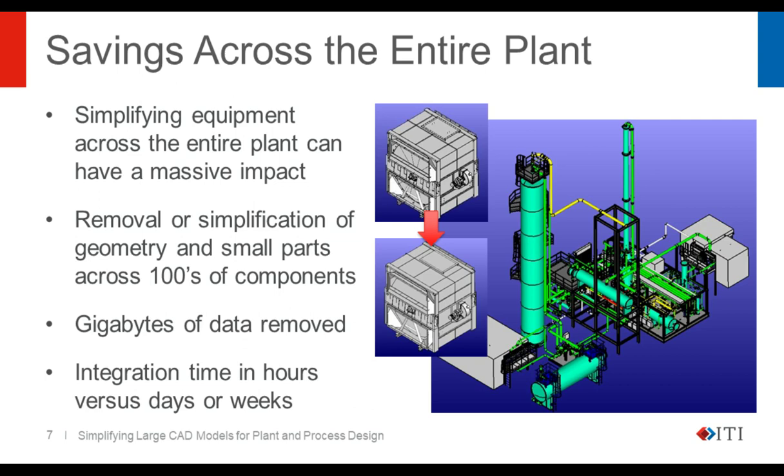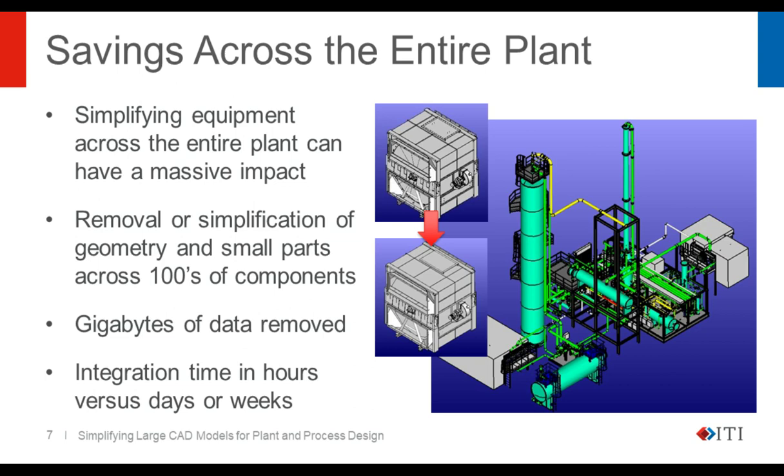Now, if we extrapolate that kind of simplification on one equipment assembly across the entire plant, then it could have an immense impact. Massive savings could be made. The plant will contain hundreds or thousands of assemblies, pieces of machinery and components.